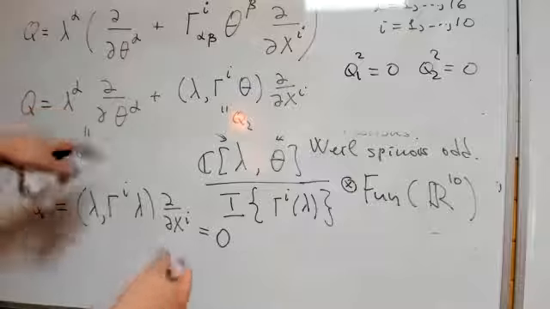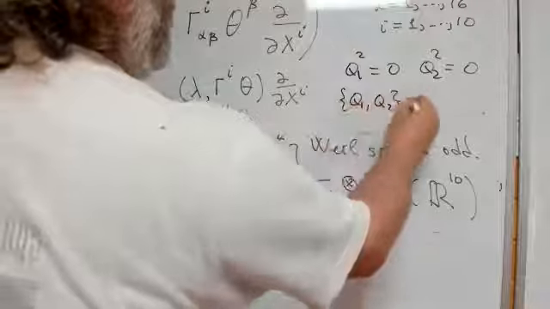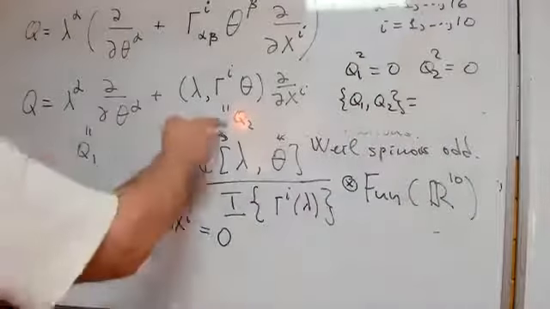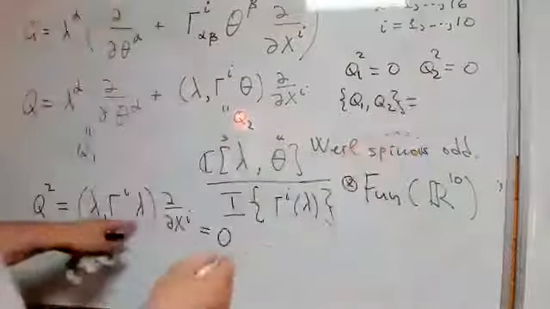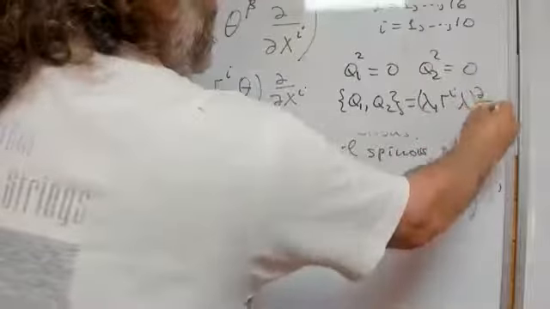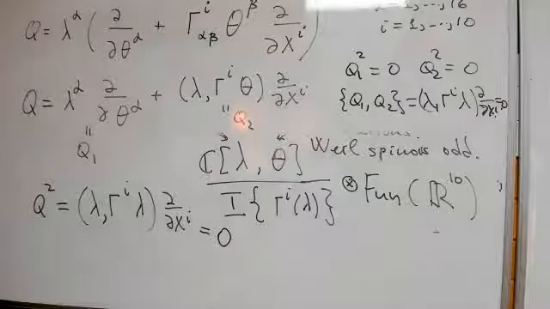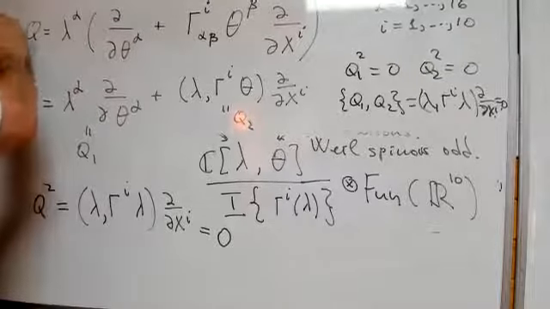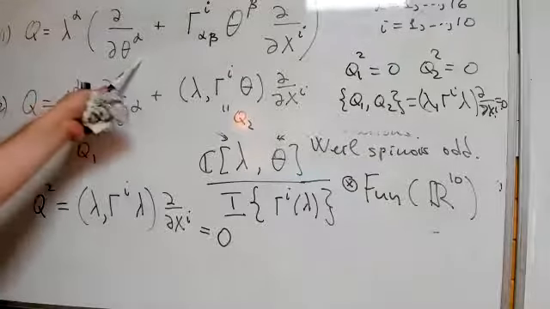And if I anti-commute Q1, Q2, I will get exactly this expression. I call this representation 1 and this 2.